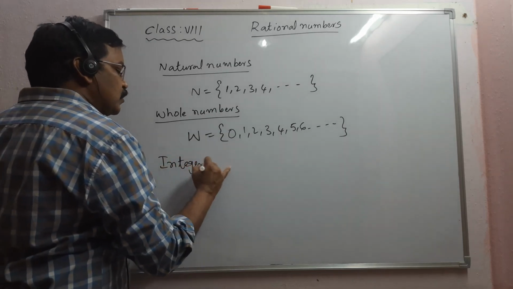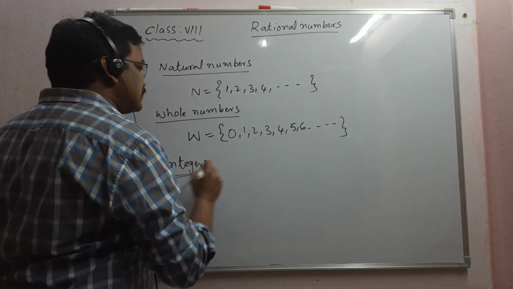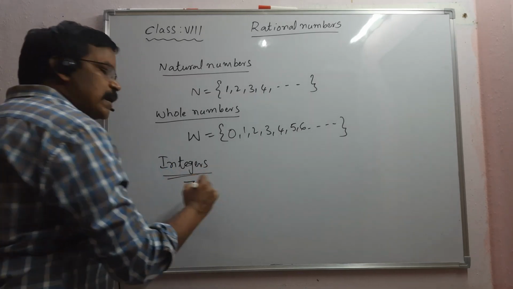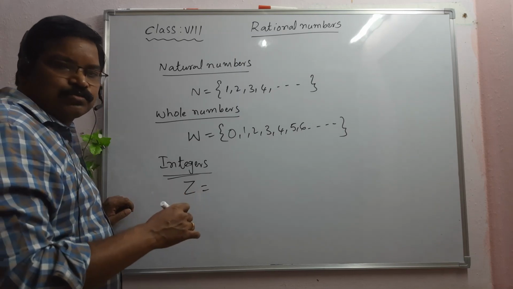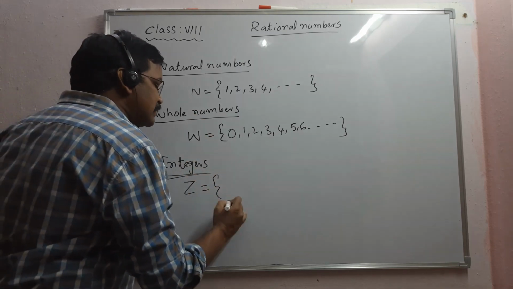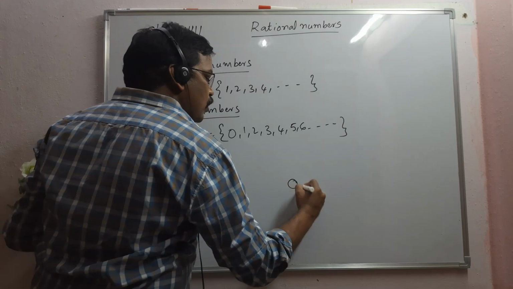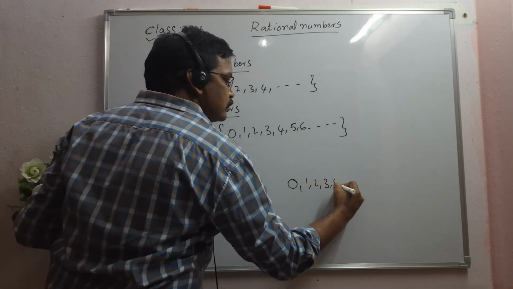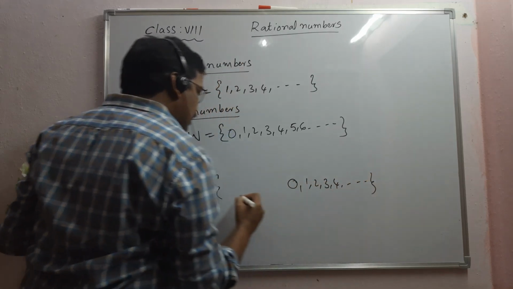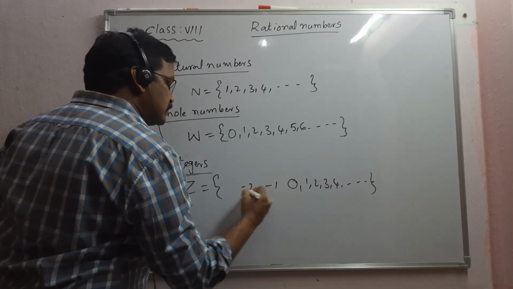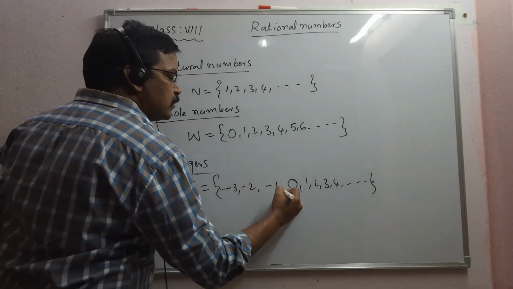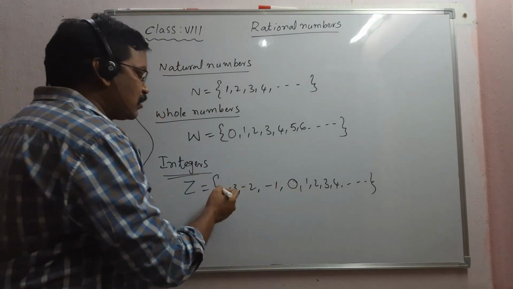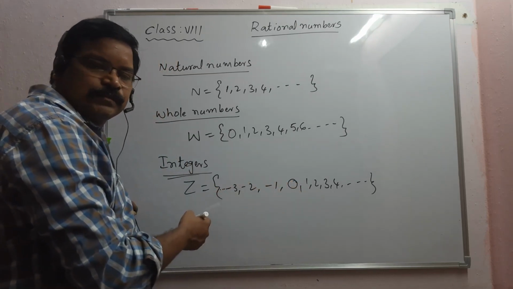Integers. What are integers, students? The integers are denoted by Z. Sometimes we denote it by I also. Integers means the set of positive numbers and negative numbers, included with 0, are called the set of integers.